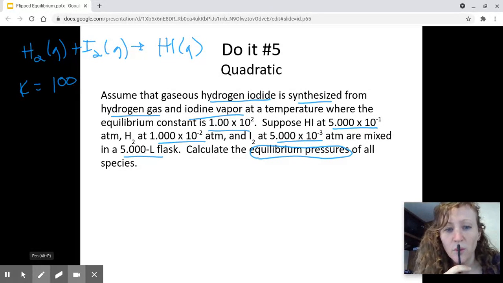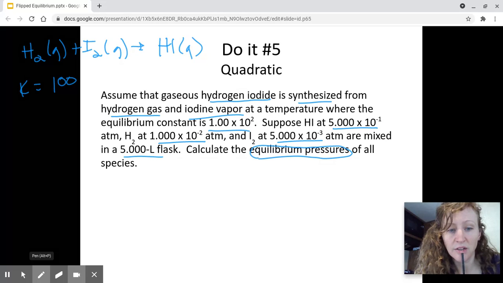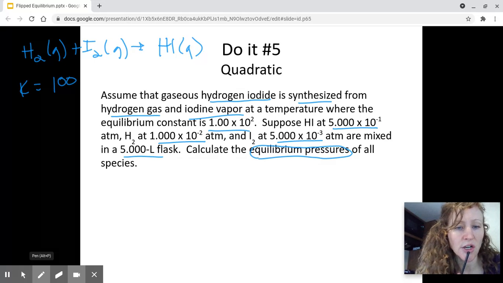All right, so what we are dealing with, they've given us an equilibrium constant that is a Kp. And so they've given us partial pressures of all of these things in a 5-liter flask. So we actually don't need to calculate concentration because they already give us partial pressure.